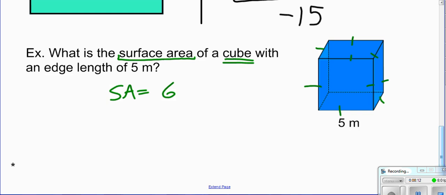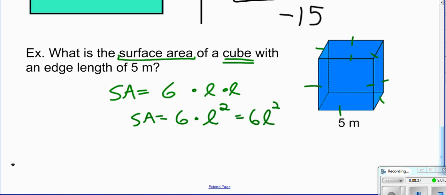So we're going to go 6 times length times width. But on a cube, each face is a square, so each side length is the same. It's going to be length times length, or width times width, or height times height. So we can write this as surface area equals 6 times length squared. Or you might see it as 6 length squared, or 6 width squared, or 6 height squared.